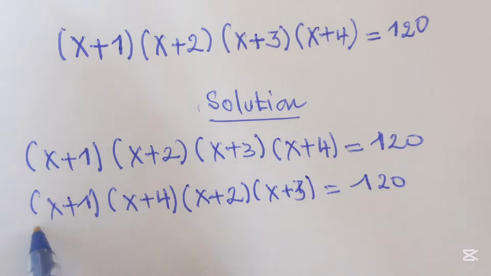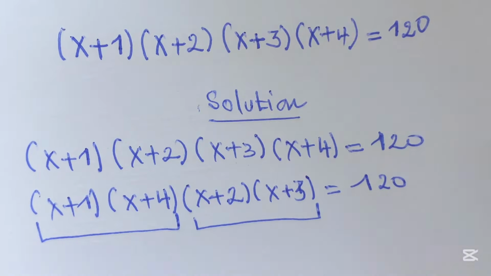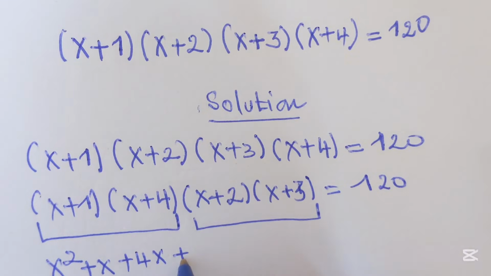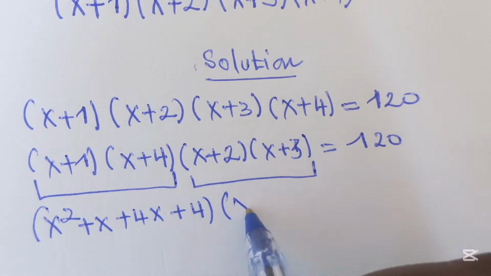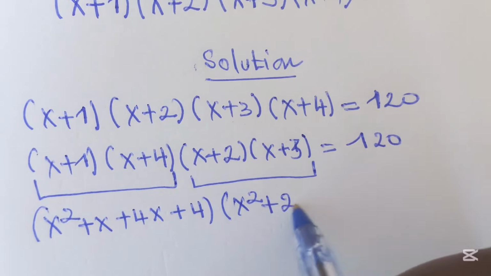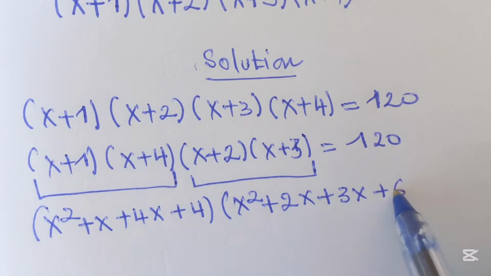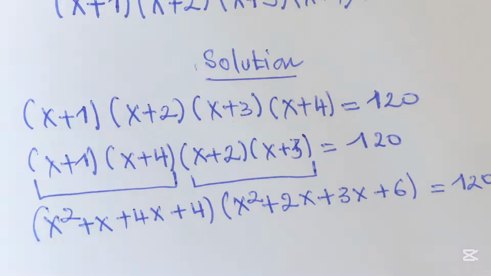After here, we can multiply this and multiply this together to get x squared plus x plus 4x plus 4, then times x squared plus 2x plus 3x plus 6, which equals 120.